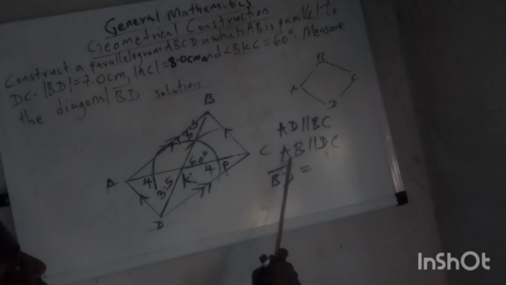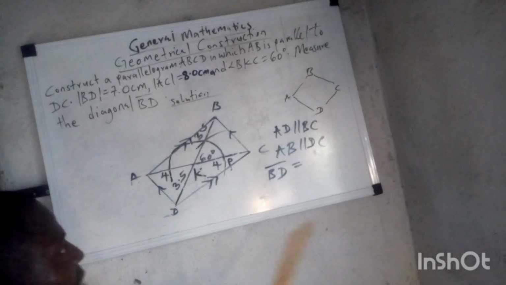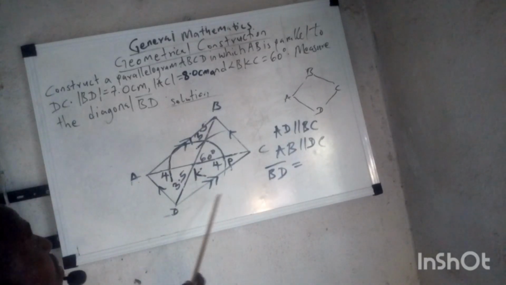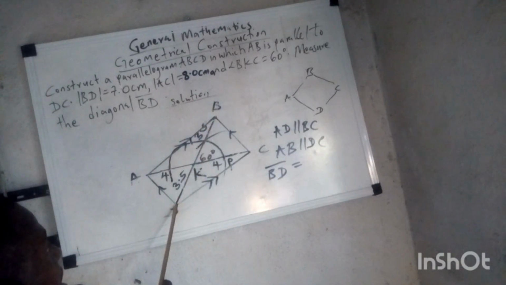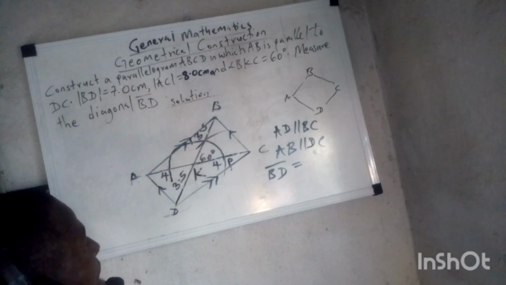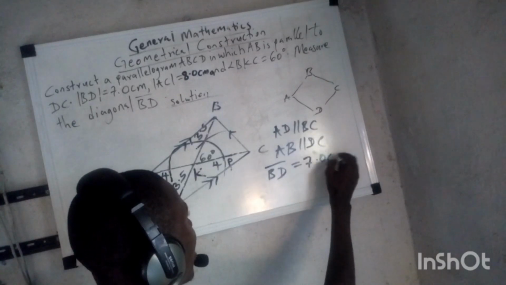So see what we've done so far. AD is parallel to BC. AB is also parallel to DC. Line BD, we've been able to get out that. Where's line BD? This is B and this is D. So if you look at the diagonal, 3.5, 3.5, automatically that becomes 7.0 centimeter.